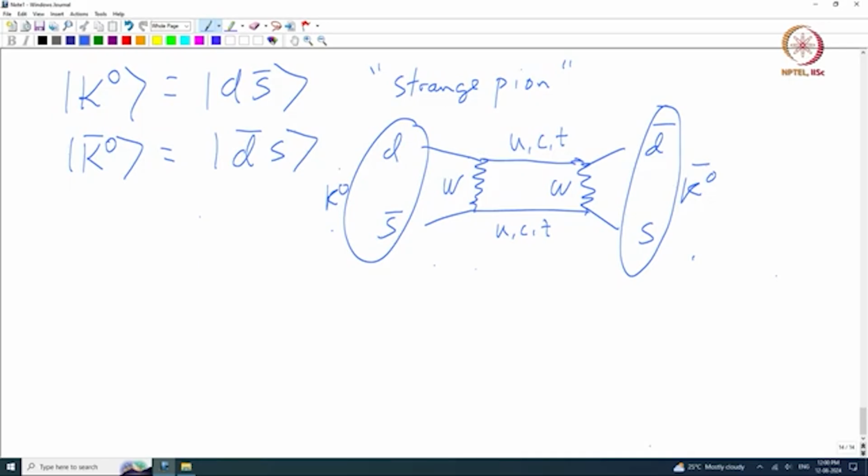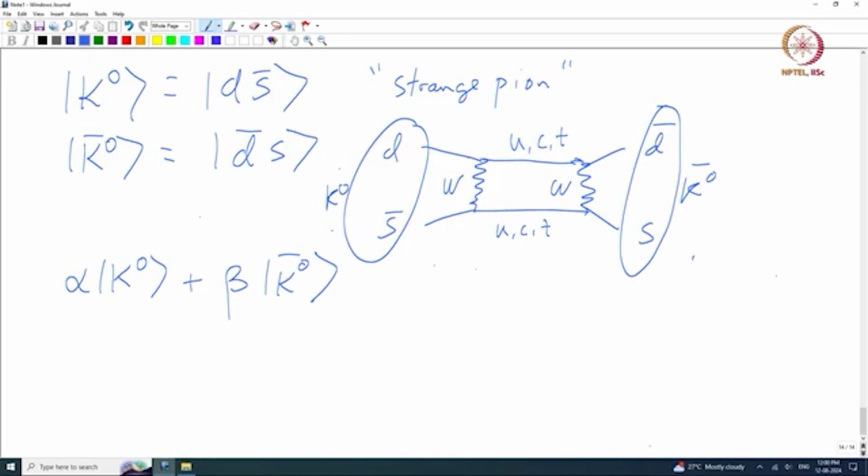Okay. So, that would just mean that I may not always measure these mesons as K0 and K0 bar, okay, because they have the same quantum number. I can put them in a superposition. I can always write down some superposition, I am not going to normalize it right here, of these states, and what I will be measuring is not a K0 separately or K0 bar separately.